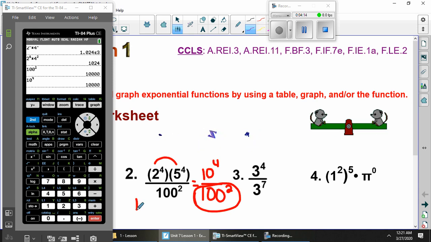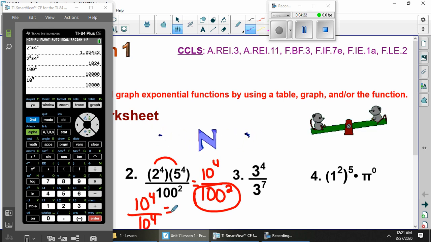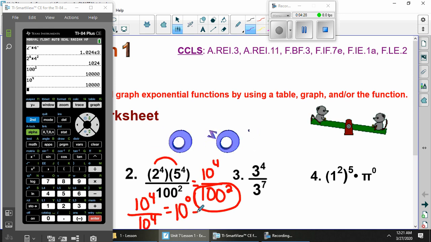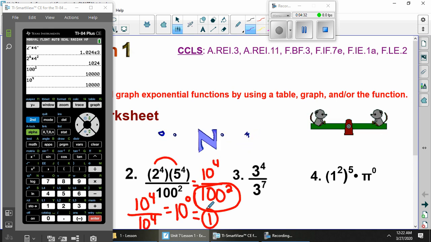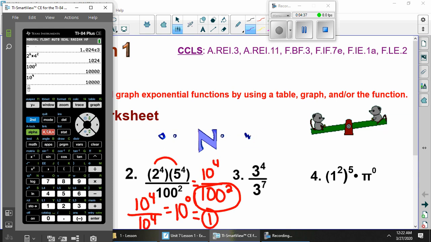So if you were actually putting this in exponential form, it would be 10 to the 4th over 10 to the 4th. And if you subtract the exponents, that becomes 10 to the 0 power, which equals 1. And basically, if you do 10 to the 4th, remember, you do alpha x, and you get the fraction.